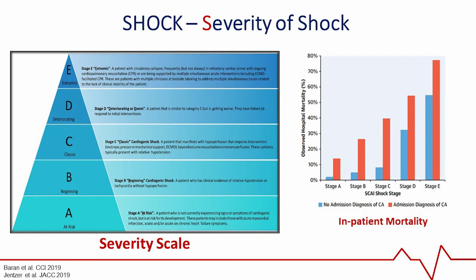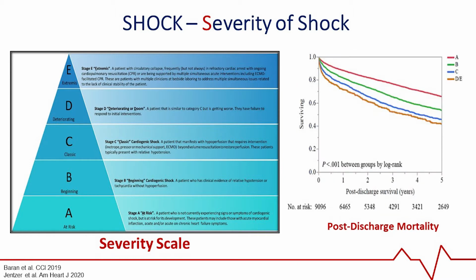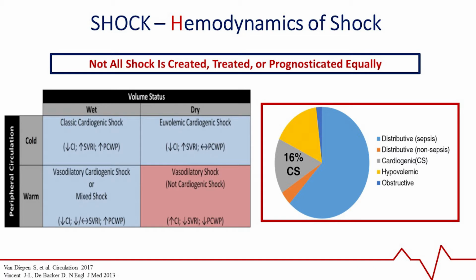And Dr. Jentzer also looked at the inpatient mortality in the ICU in a retrospective manner and showed that there is a difference between stage A and stage E. And we looked at post-discharge mortality, and we can see that clear distinction from stages A to D and E. But again, this is a severity scale. This is a quick way of assessing patients early on, whether they're in extremis or not. But I can argue that shock is more than just that.